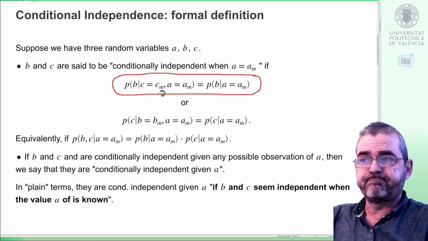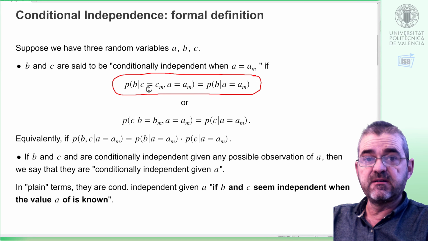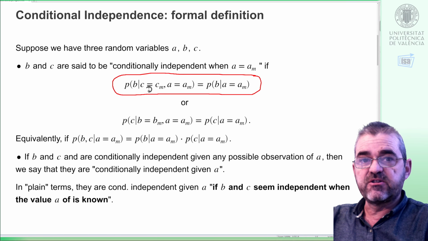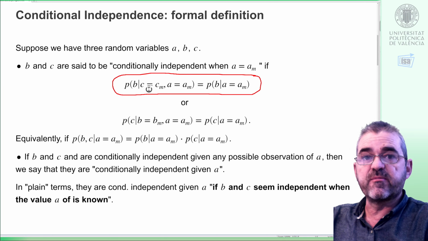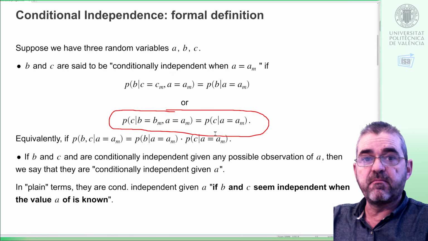In other terms, once I know A, the knowledge of C is useless for me because it does not change my expectation, my knowledge of the probability distribution of B. I may say the same interchanging B and C as follows.